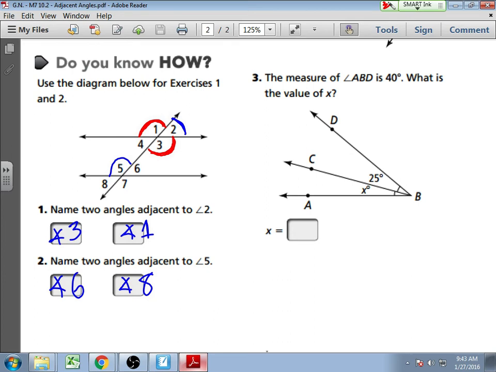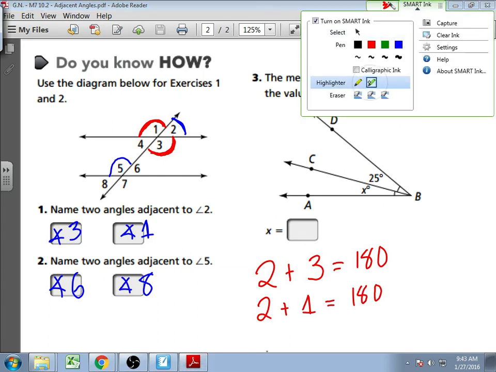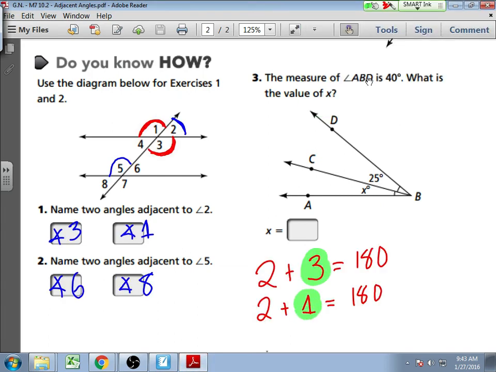Another straight angle. So what could you say about angle 1 and angle 3? If 2 plus 3 equals 180 and 2 plus 1 equal 180, what could you say about 3 and 1?